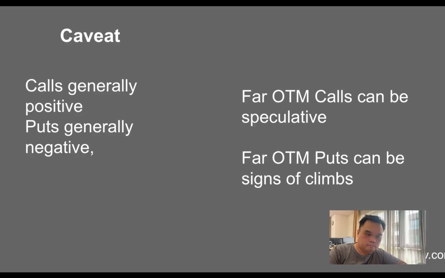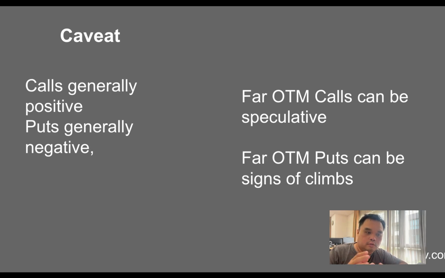All right, here's the example, okay? Out of the money calls: let's say Apple is trading at $100 now, and then you see Apple calls being bought at 150. It's a speculative bet or an income strategy. So you guys have to keep this in mind. I'll show you in the example later.